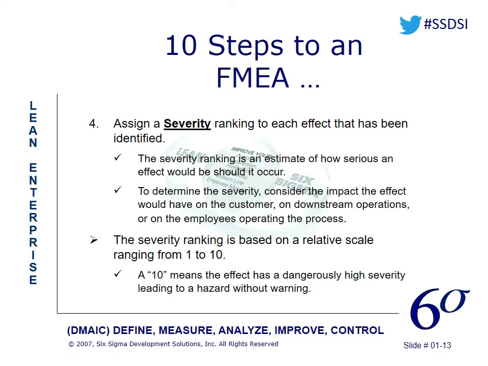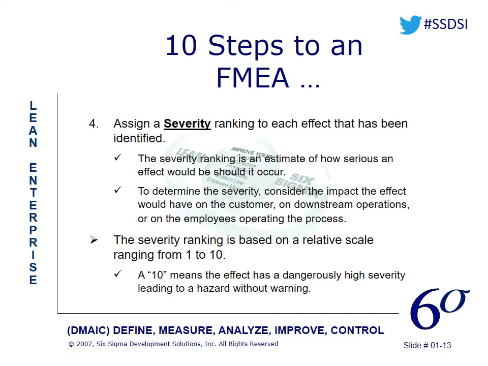And when you are dealing with processes that have a component of safety in them, and a lot of times this happens in industrial environments, a severity of 9 or 10 is really used just for safety issues.